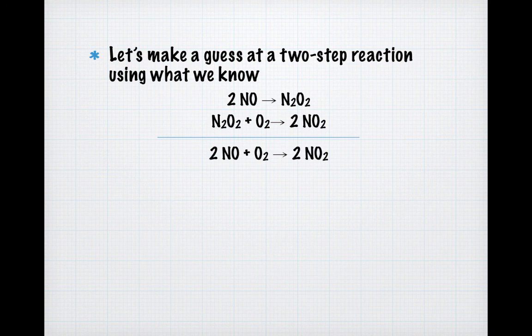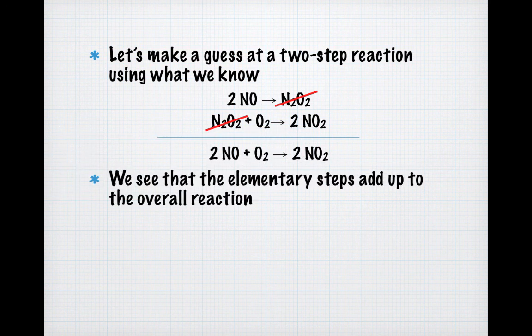Now, to make sure that this mechanism adds up to the overall reaction, if there's anything in both the products and the reactants, it's something that we can cancel out. So here we have N2O2 in the products of the first step, and we have N2O2 in the reactants of the second step, and so those cancel out, and what we're left with is 2NO plus O2 going to 2NO2.